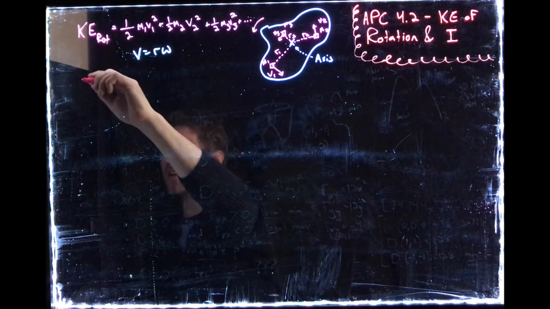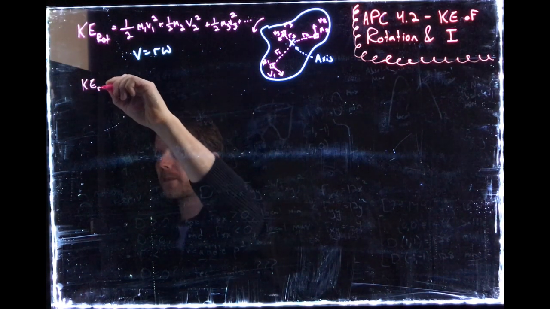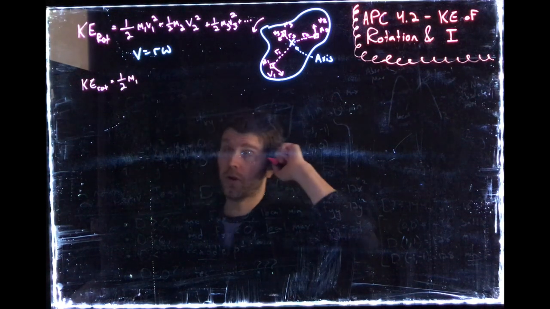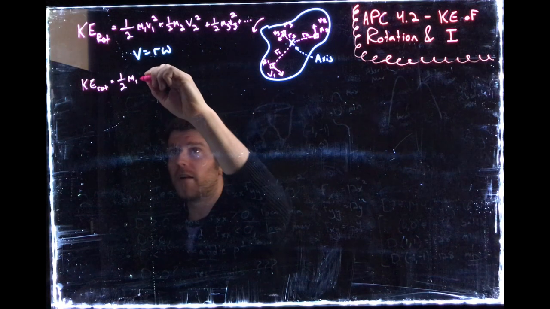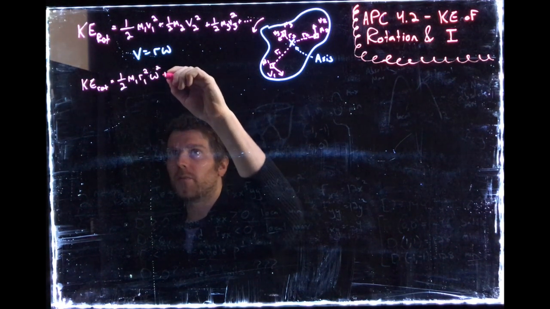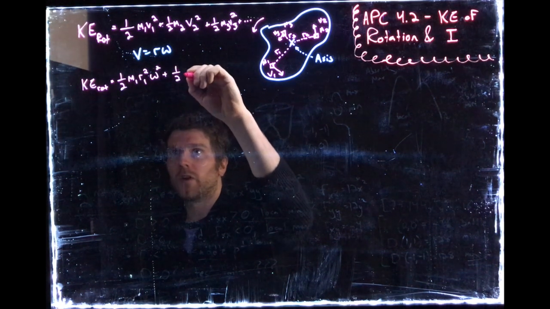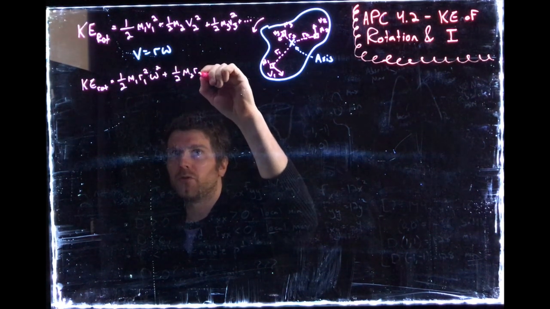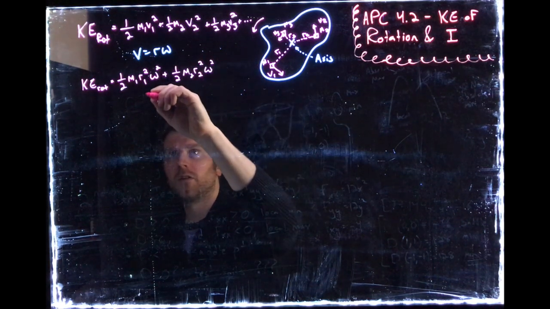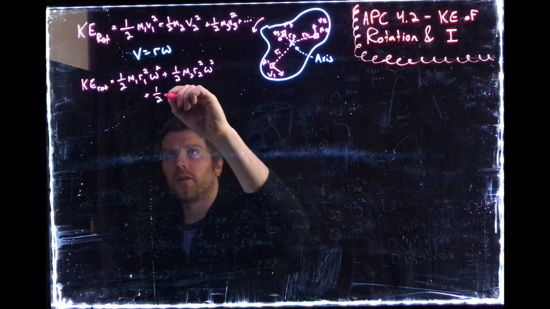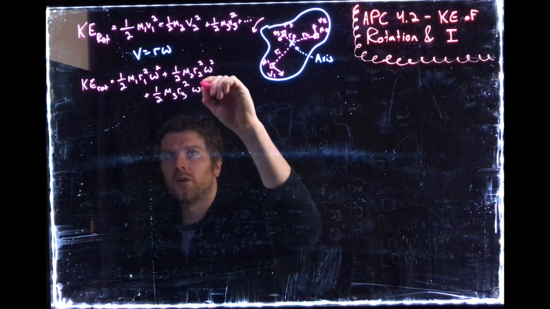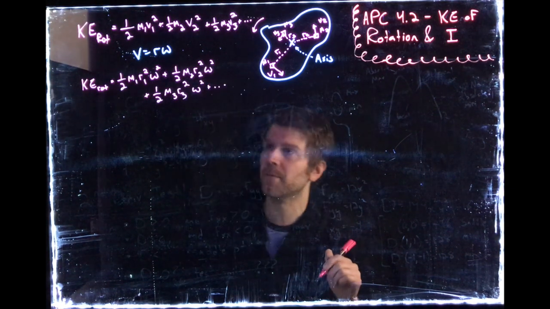So we're going to rewrite this kinetic energy this way. 1/2 M1, let's see, V squared would be R squared omega squared. So I'll have R1 squared omega squared plus 1/2 M2 R2 squared omega squared plus 1/2 M3 R3 squared omega squared, and so on and so forth.